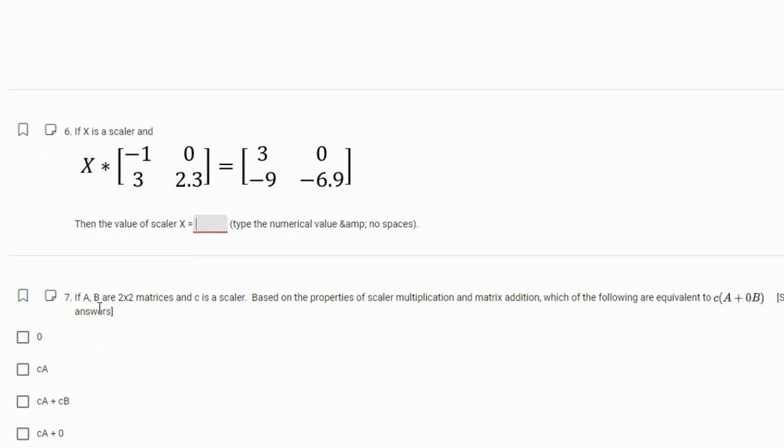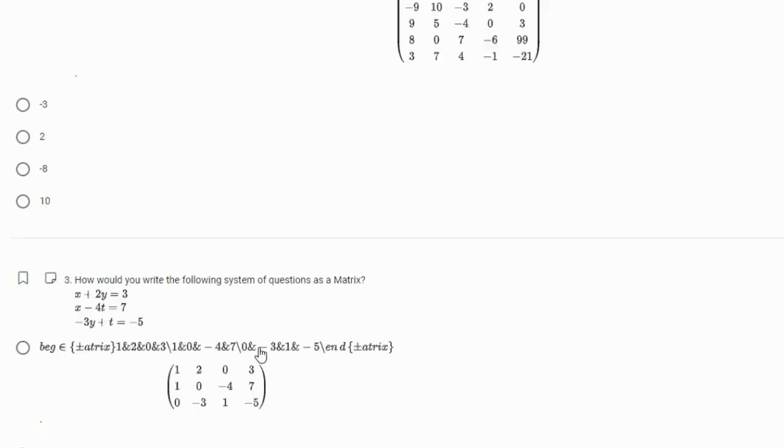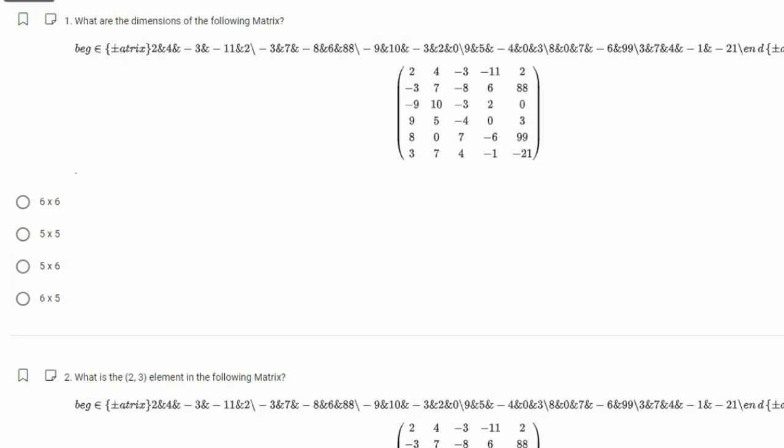And if A and B are 2 by 2 matrices and C is a scalar, based on the properties of scalar multiplication and addition, which of the following is equivalent to this? This is what we were just doing. C times A plus 0B. Select all correct answers. That's the important part of that. There may be more than one correct answer. All right, 7 questions. 7 questions in quiz 1.